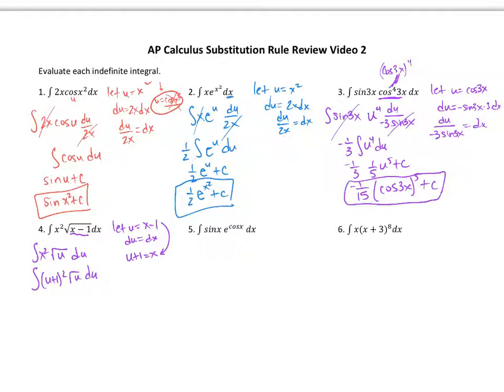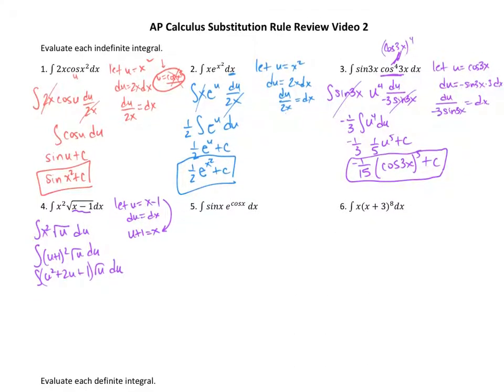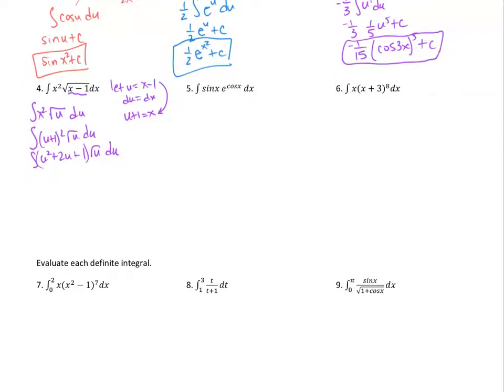And let's go ahead and FOIL this out and distribute. So this ends up being u squared plus 2u plus 1 times root u du. And I'm going to go ahead and move this up here. So now let's continue on.